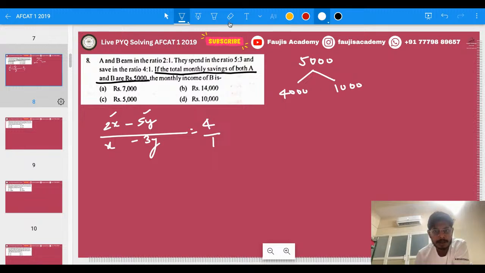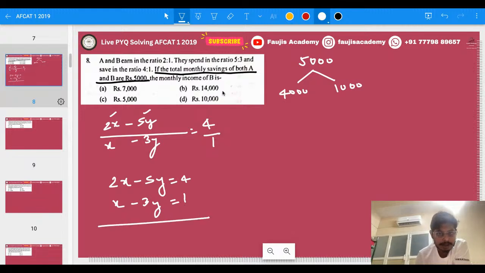Otherwise, how can we write it? We can simply write 2x minus 5y is equal to 4,000. Okay, let me write it as 4 itself; later on I will put in 3 more zeros. Then x minus 3y is equal to 1, isn't it? They have asked us the monthly income of B. That means we want to retain x, so we have to eliminate y.